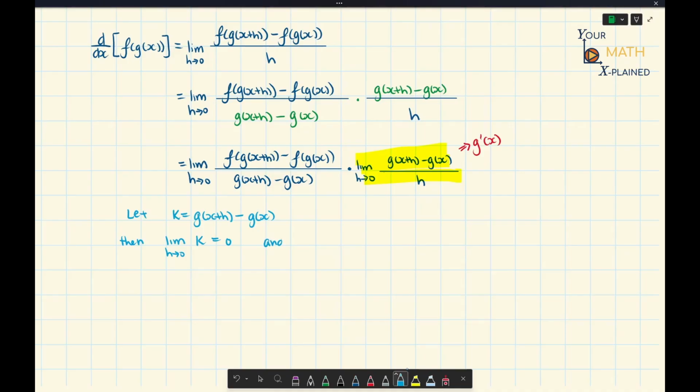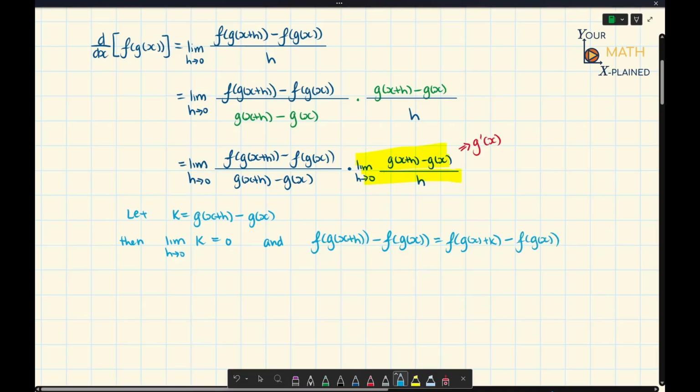And we can also see that our numerator, which is f of g of x plus h minus f of g of x, well, that is actually just equal to f of g of x plus k minus f of g of x. And we can do some quick algebraic manipulation to show that's true.